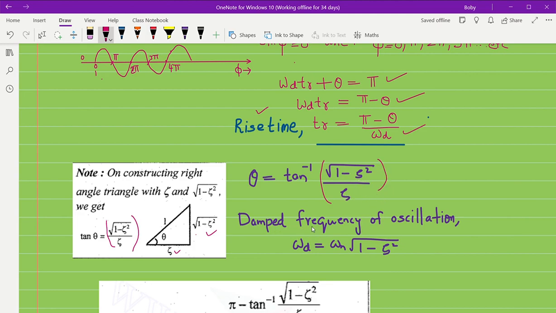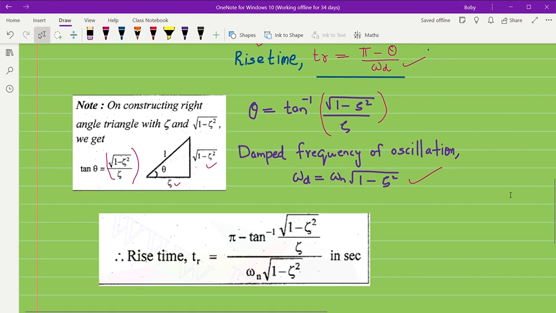The damped frequency of oscillation is given by omega d equal to omega n into root of 1 minus zeta square. Putting these values into the expression for rise time TR, pi minus theta, where theta is tan inverse of root of 1 minus zeta square divided by zeta, and zeta is the damping ratio, divided by the denominator omega d, which is omega n into root of 1 minus zeta square.